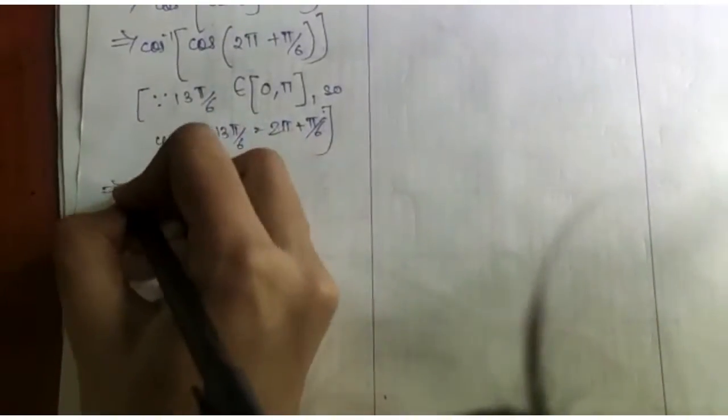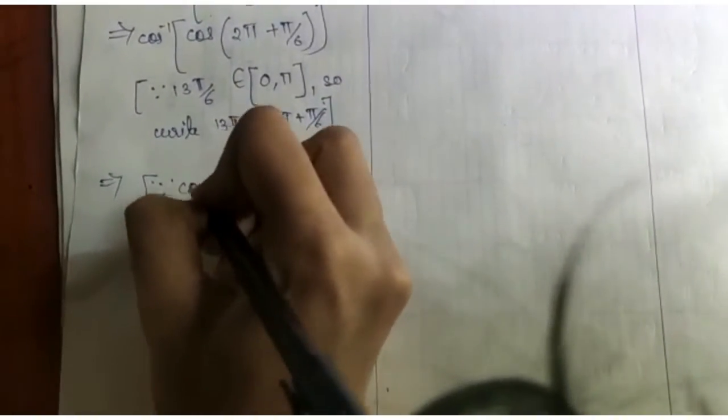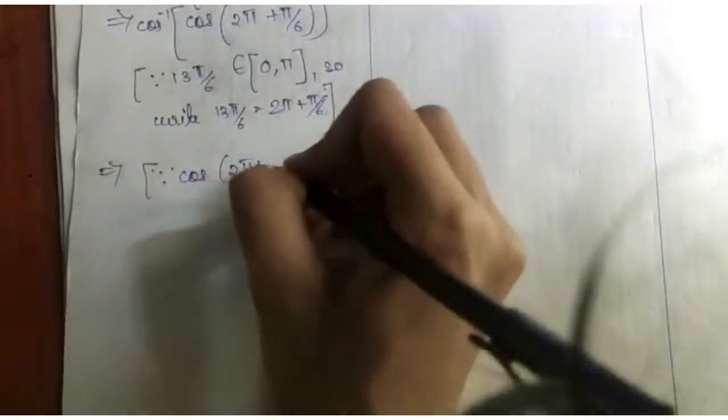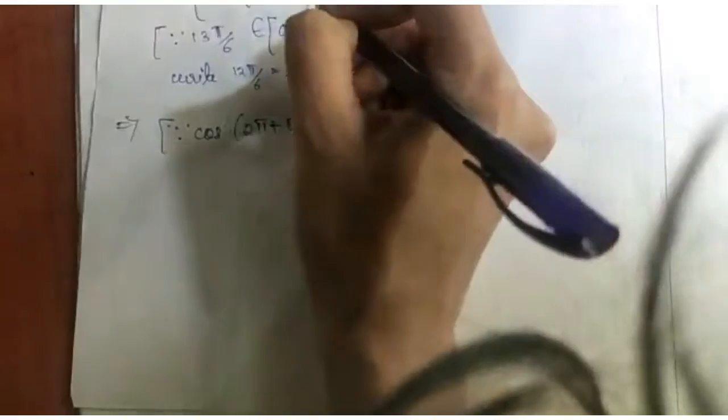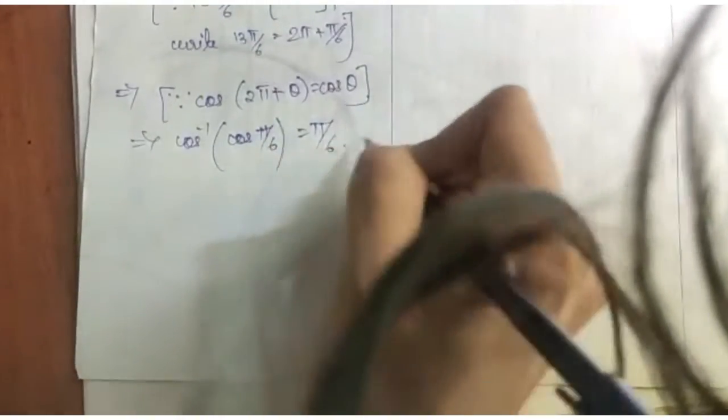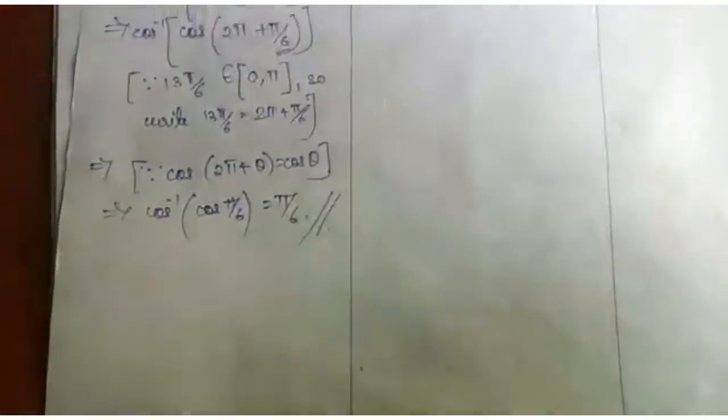We know that cos of 2 pi plus theta is equal to cos theta. Here our theta is pi by 6. Hence, we get the answer: cos inverse of cos pi by 6 is equal to pi by 6, which is the principal value.